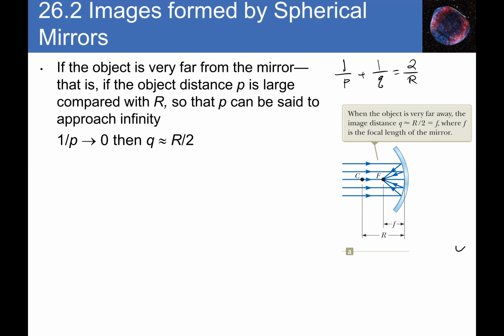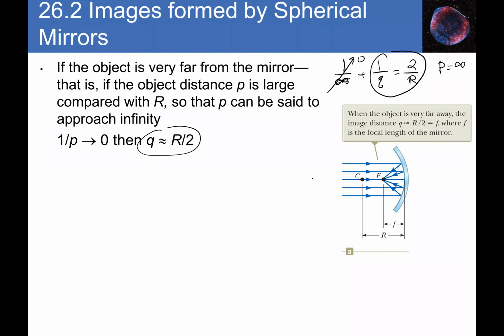Really far away means you take p to be infinity. So if I replace p with infinity, 1 over infinity is 0. That means 1 over q equals 2 over r, so q equals r over 2, which means the image distance is half the radius.